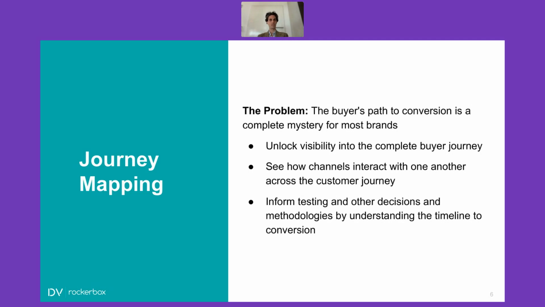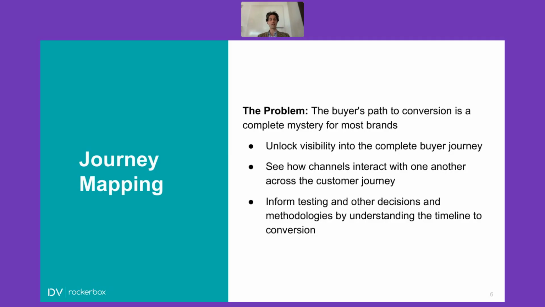So if you know that a channel typically converts within 7 days, then you have a good reason to keep that test nice and compact. However, if you have reason to believe from your MTA journey data that a channel takes 60 days to convert, then clearly a 30-day test is not going to be good enough.